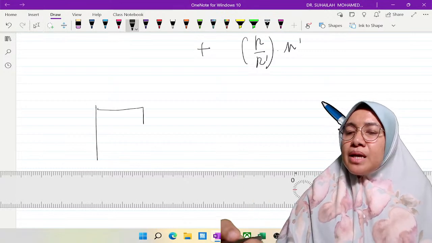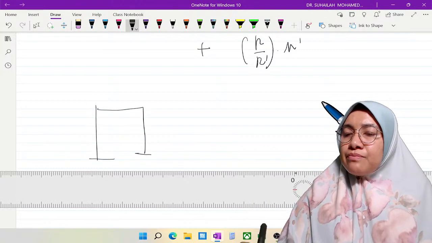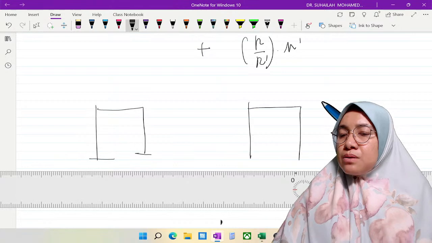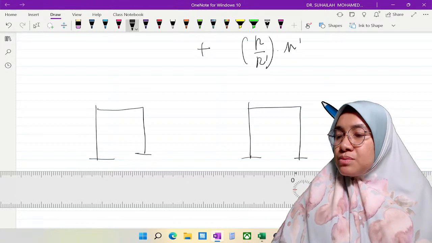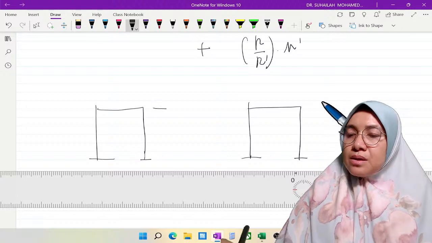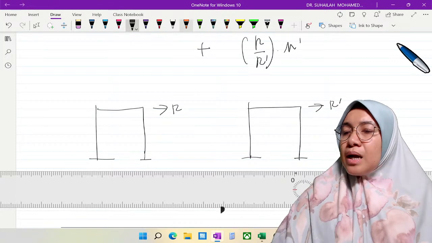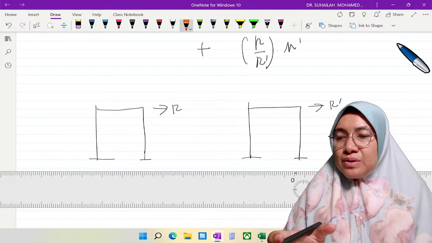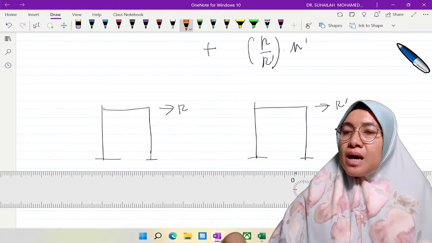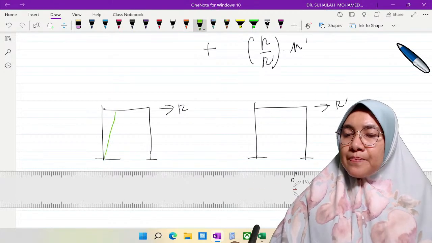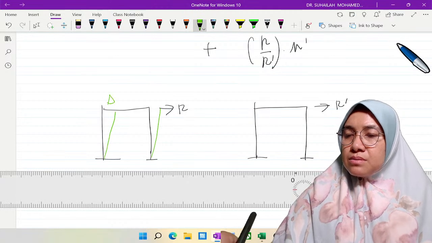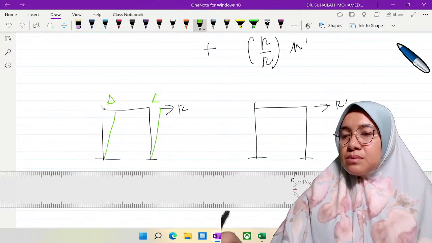Okay, so we have two. This is R, this is R prime. So in the first diagram, due to R there is delta, here.